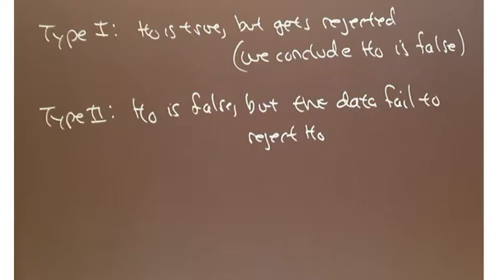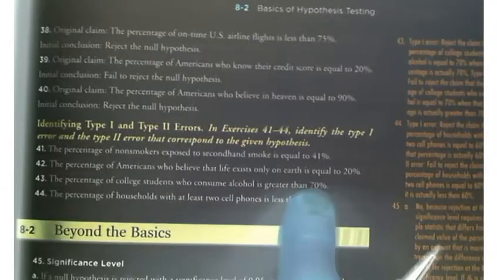Now, for our last problem then, page 411. Let me just speed things up by giving you the null hypothesis and alternative hypothesis. The percentage of Americans who believe that life exists only on Earth is equal to about 20%.